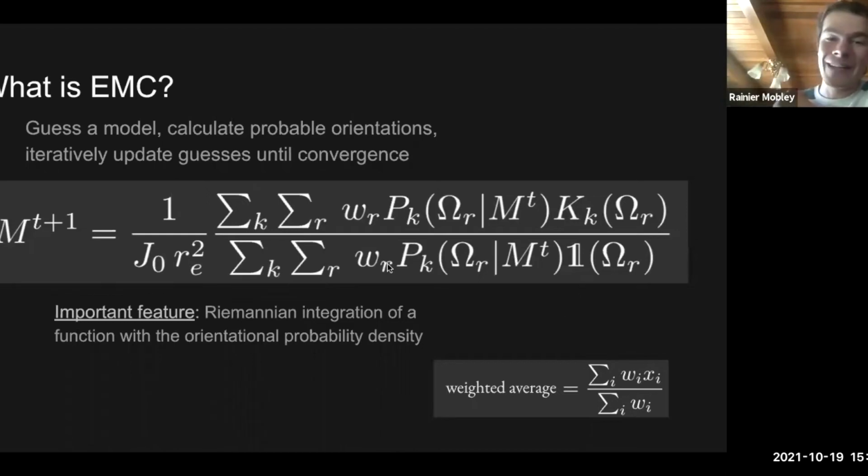It's just what this one and similar sum is going to do in the denominator. It is more or less a Riemannian integration over orientation. That's kind of important. And then also you can see that it is more or less a weighted average. But all this comes directly out of the expectation maximization framework for this particular form.